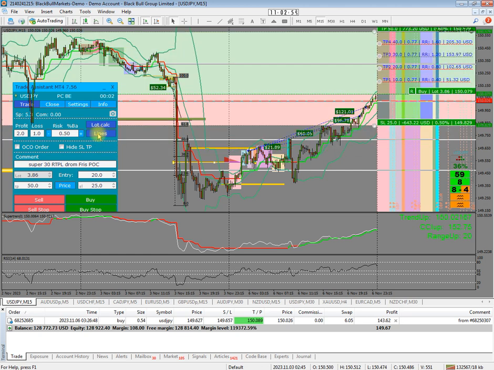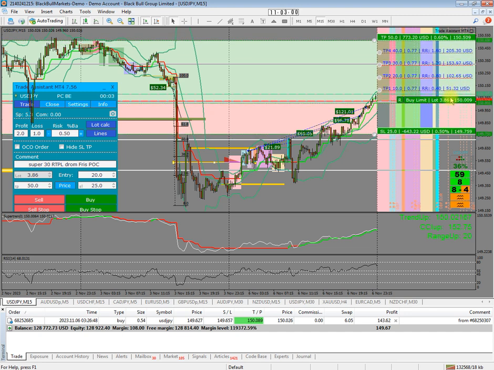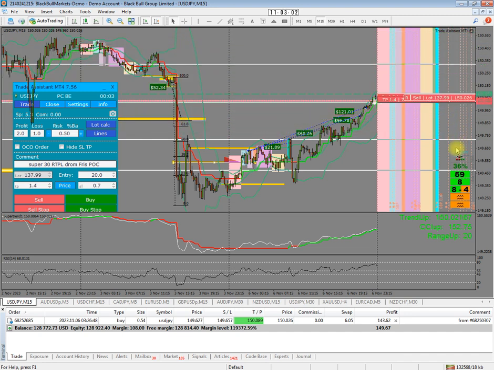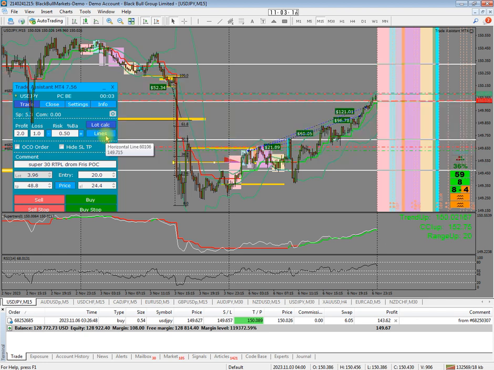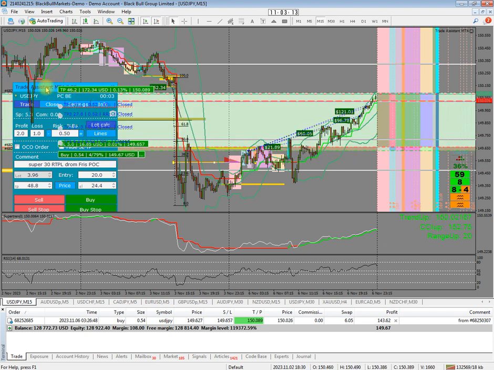I think you can still set lines. See, you can set lines and you can drag it up and down, profit or loss. You can set partial take profits, etc. If you want to get rid of it, click the lines again and it'll go away.